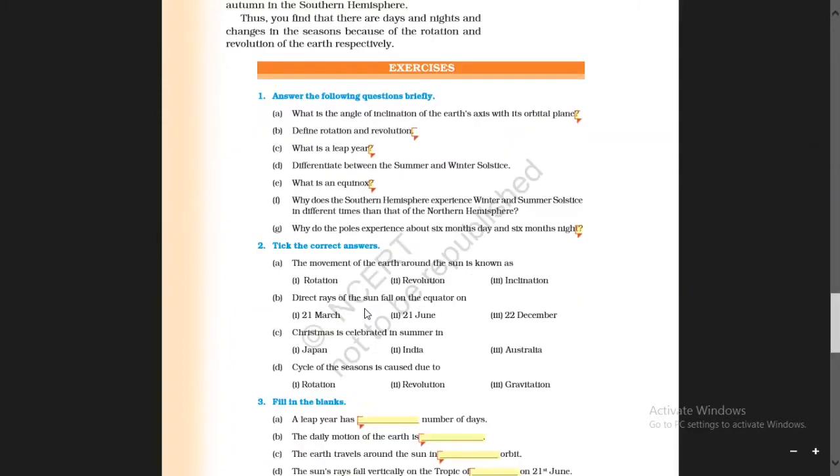Now, let us see. Number 2, tick the correct answers. Here, each question has 3 alternatives. Among them, only one alternative is correct or best.